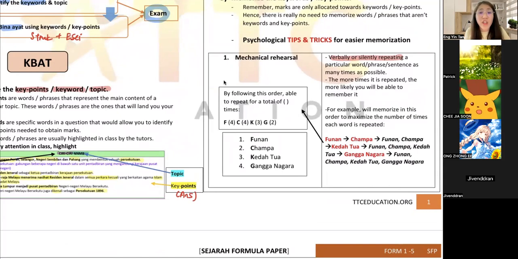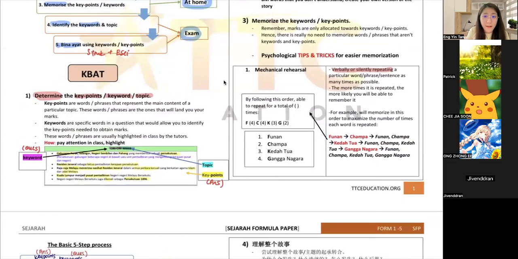What you can do is share with your friends. For example, whatever we learn today, you can go and share with your friends. That's a way of memorizing the points. Today I teach you the concepts, then you go back to school and teach your friend. This is also a way. You can try this method. It works on me.